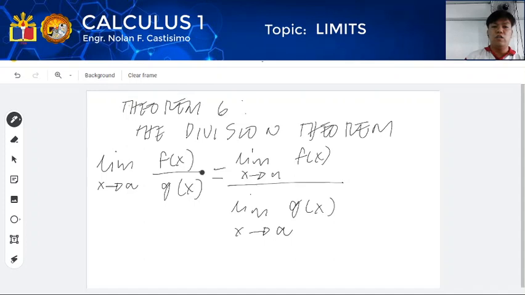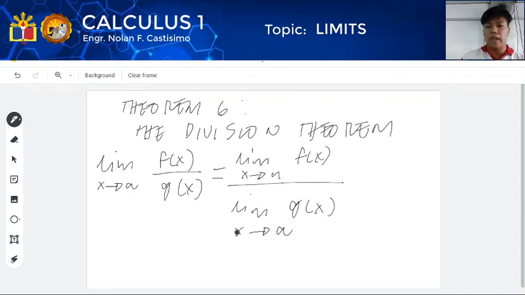So, kung mapapansin nyo, yung f of x over g of x natin, division na yan, since naka-over na. Then, sineparate lang natin siya dito sa kabila, sa right side, para ilagay natin individually yung equivalent limit nila.